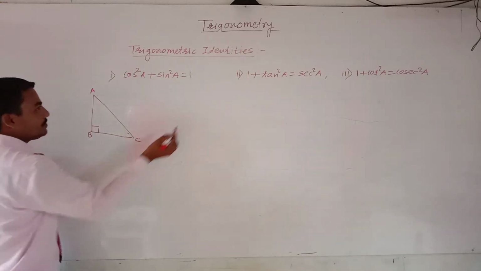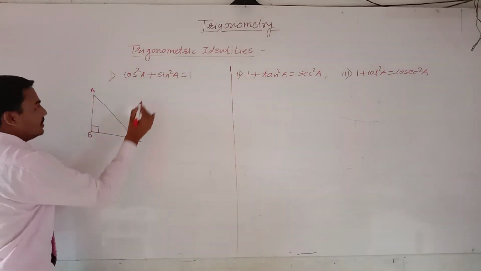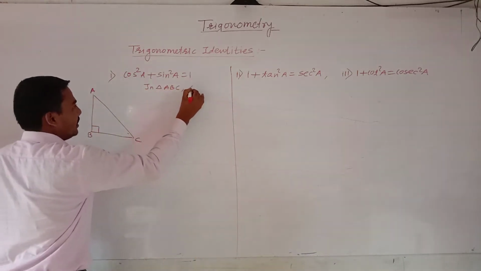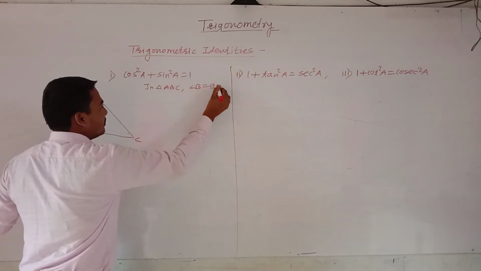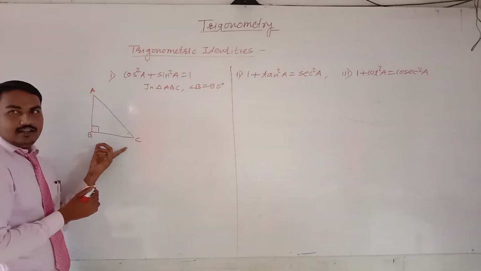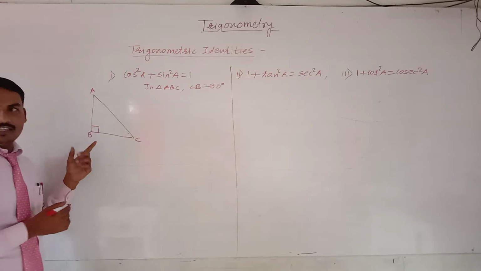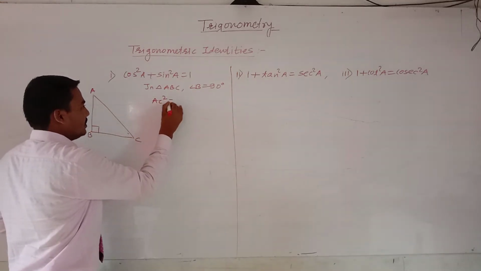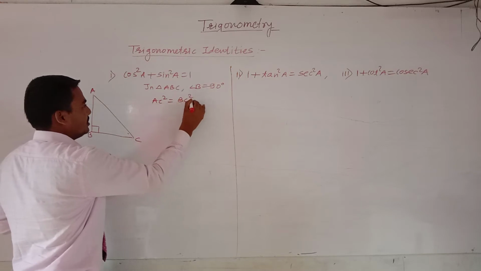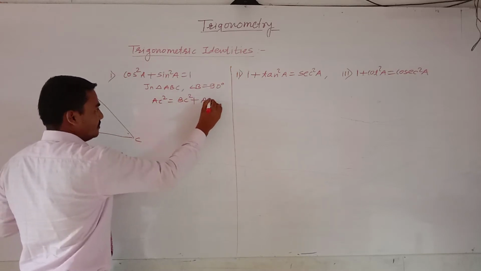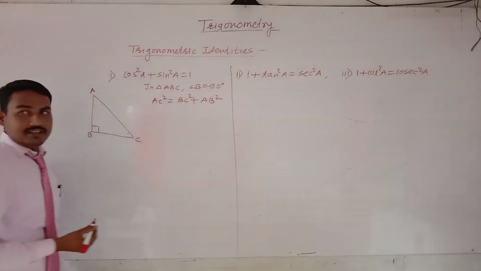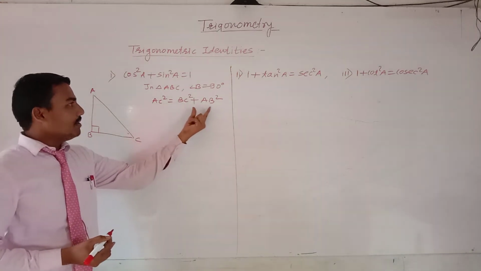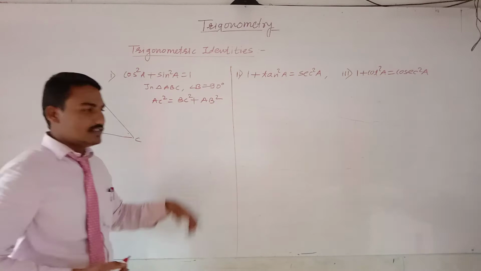So in triangle ABC, angle B is 90 degrees. By using the Pythagoras theorem, AC square is equal to BC square plus AB square.